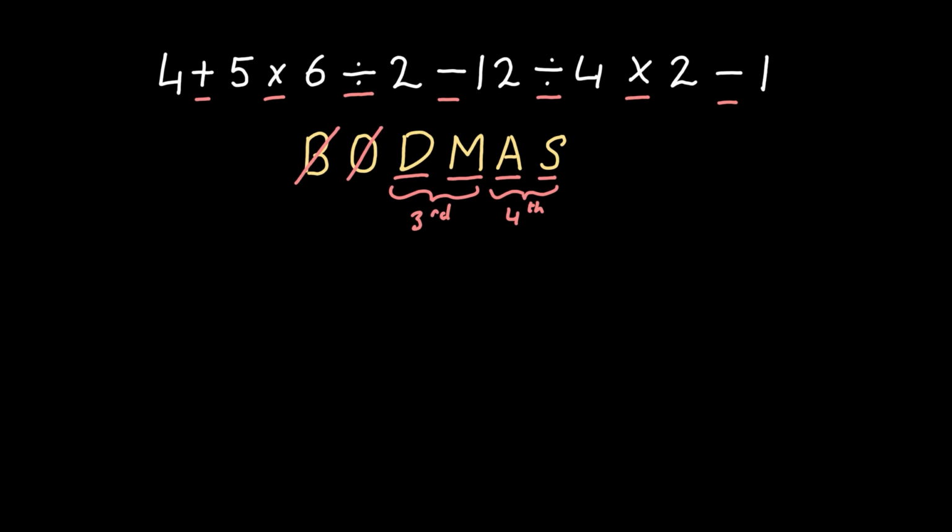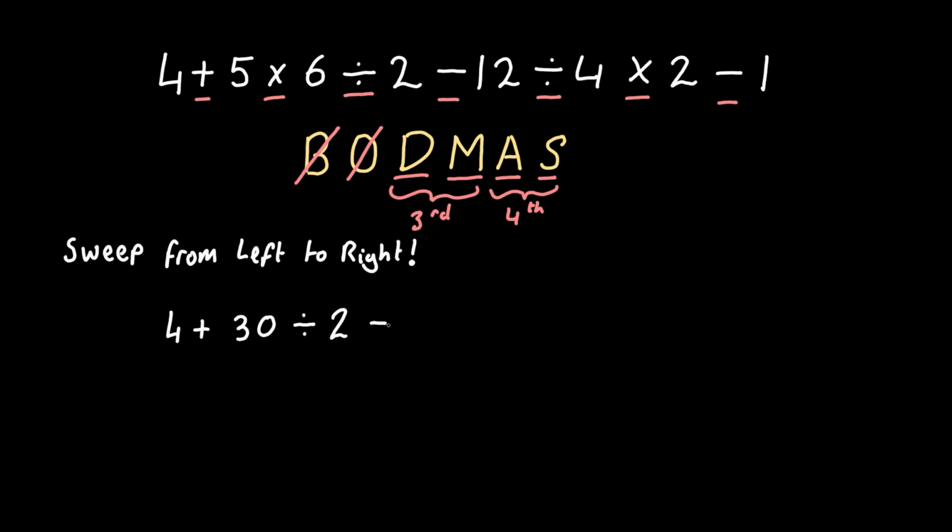Our first sweep from left to right produces 4 plus 30 divided by 2 minus 3 times 2 minus 1. In our first pass, we ignored all the addition and subtraction, but when we came across 5 times 6 divided by 2, we multiplied the 5 and the 6, but we left the divided by 2 alone.